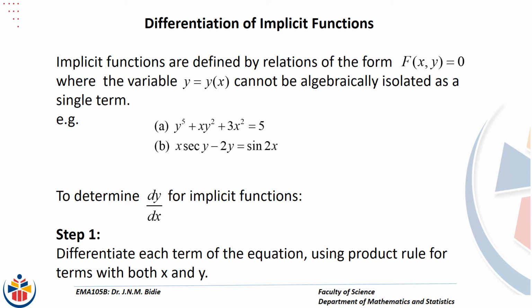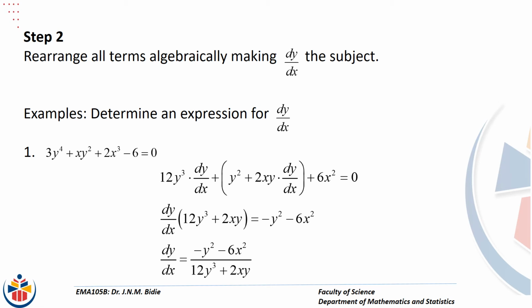Wherever a term has got both x and y, use the product rule. And also wherever there is a term that has got y, you use the chain rule. Then you rearrange all your terms, that's the second step, and make dy over dx the subject of your expression.